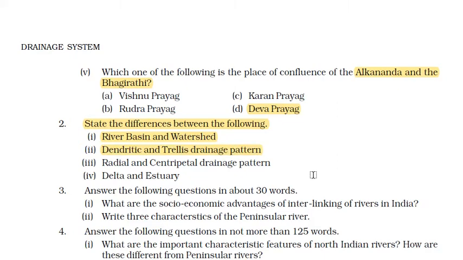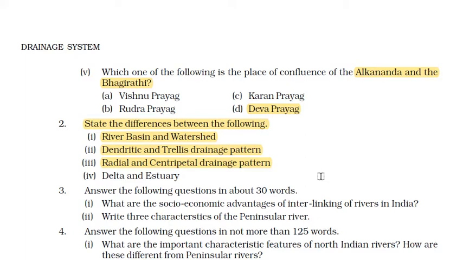Dendritic we know, and the radial and centripetal drainage system. So these four are the different drainage patterns made by the rivers. Rivers flow in a particular pattern, and that is divided into dendritic, trellis, radial, and centripetal.